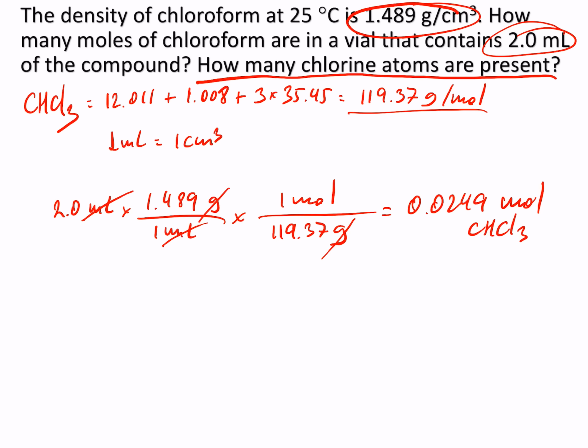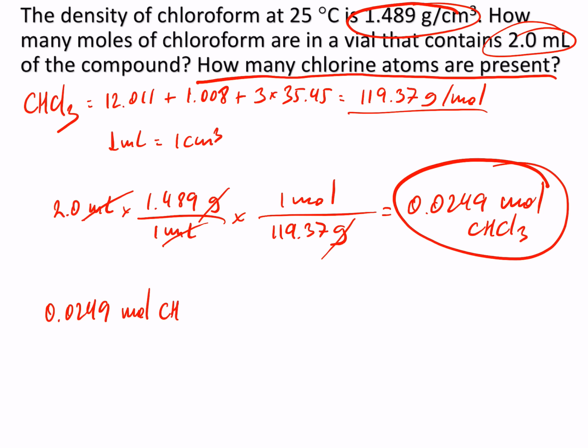But we are not done yet, because it's also asking how many chlorine atoms are present. Now, the number of chlorine atoms is not the number of moles of chlorine in that amount of matter. So we can start here, because after all, it's a molar relationship between the number of moles of a molecule and the number of moles of chlorine that you have there. So we start with 0.0249 moles of chloroform, and you have 3 moles of chlorine in 1 mole of chloroform.